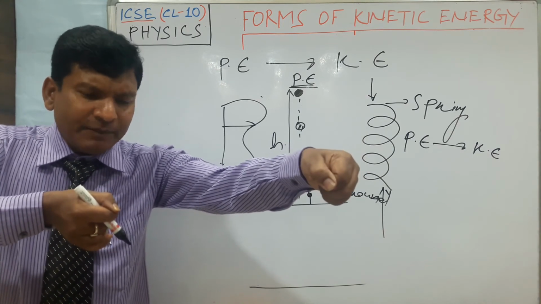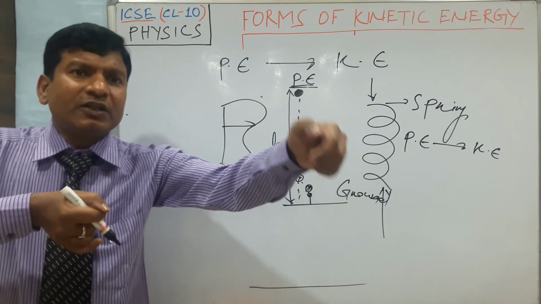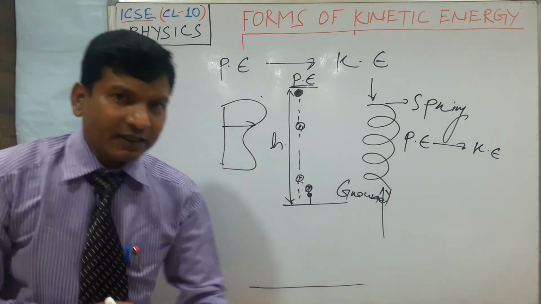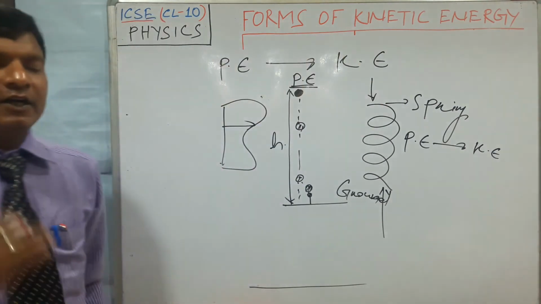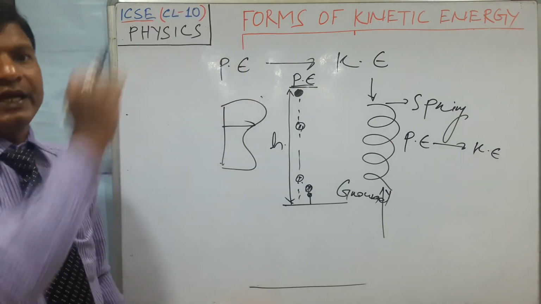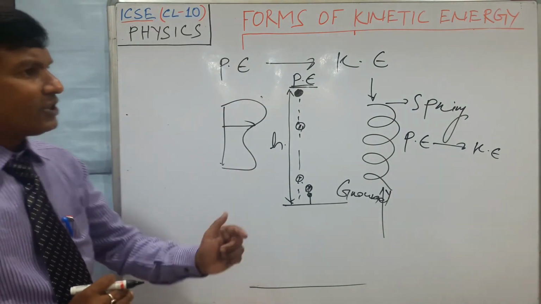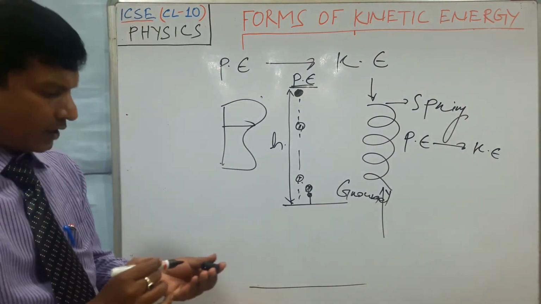So whenever I am releasing my hand, at that moment the elastic potential energy of the bow converts into the kinetic energy of the arrow. So the arrow is moving a few centimeters distance in the air. So that is how the potential energy always converts into kinetic energy whenever it is put into work.